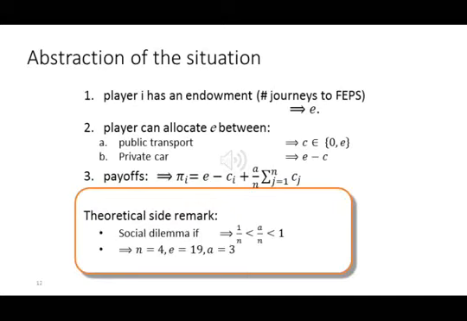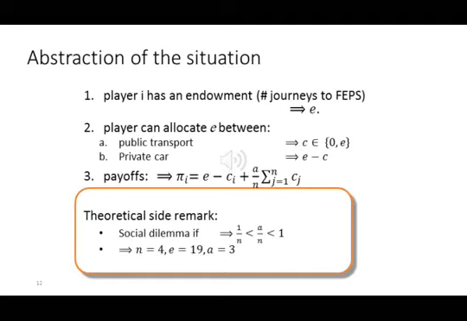Okay, so how can we use a public good game to characterize this problem? Let's assume that player i has an endowment, E, which is the number of journeys he has to travel to FEPS. This player can allocate these journeys between two options.